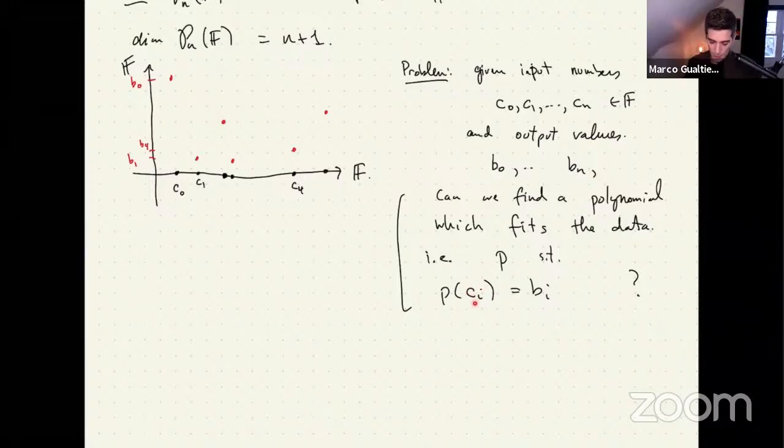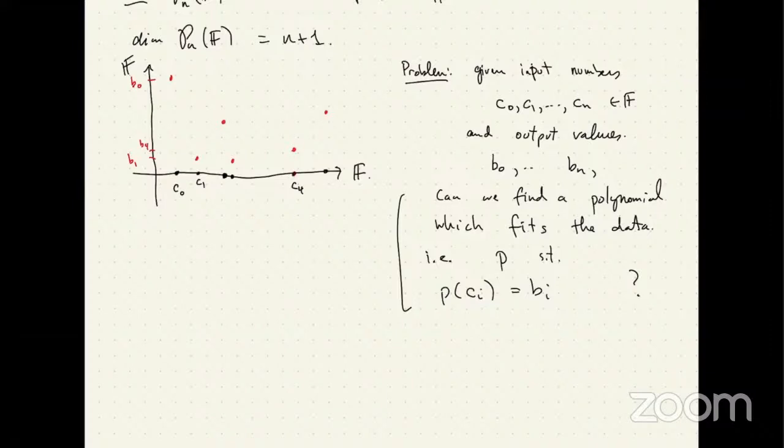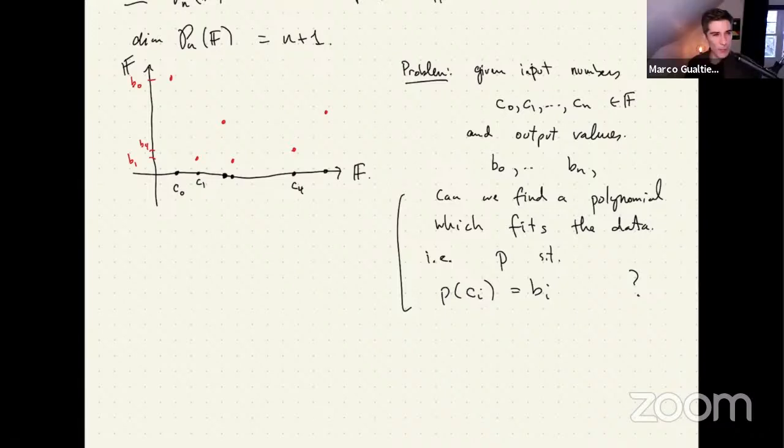I want the value of the function at C0 to be B0. I want the value at C4 to be B4. Right, but B4 is less than B0. Using what equivalence relation? Less than is not an equivalence relation on numbers, and fields do not have an ordering relation.